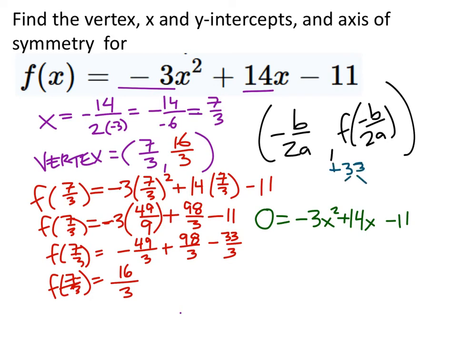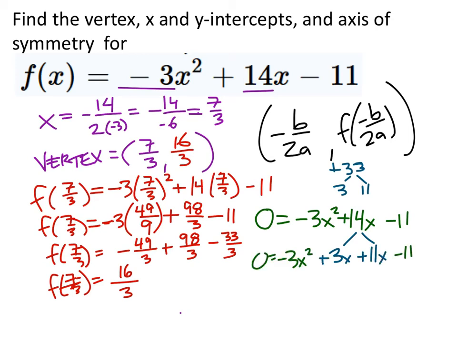And I need two factors of 33 that add up to 14, right? Positive 3 and 11. So I'm not going to factor yet, but I'm going to break up this 14x, factoring by grouping, into 3x and then a positive 11x.